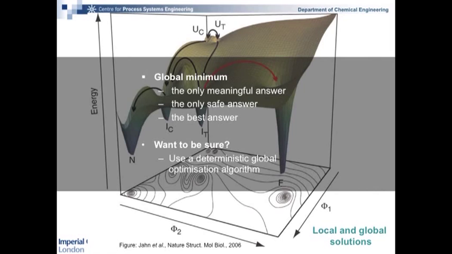Okay, and so we need algorithms to find this global minimum, often because the global minimum is the only meaningful answer. For example, if you're looking at vapor-liquid equilibrium, it is the only answer that matters. Anything else is unphysical. If you're looking at whether you have hotspots in the process and whether your process is safe, knowing the maximum temperature a process can achieve is the only safe answer. And if you're looking at it from an economic perspective, finding the global optimum is really the answer you want. It's the best answer.